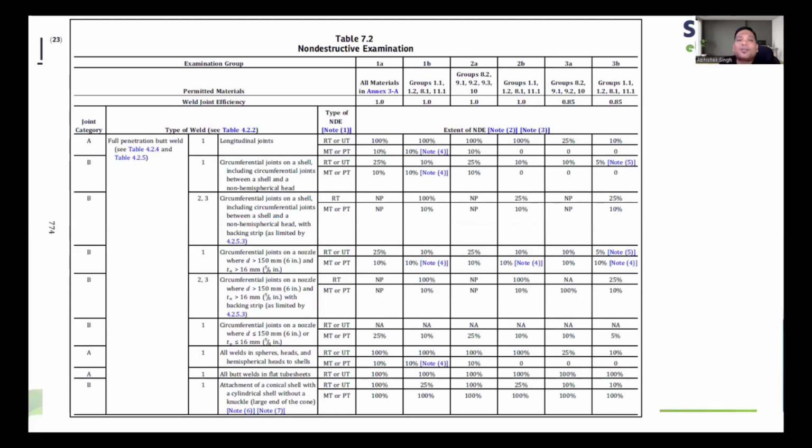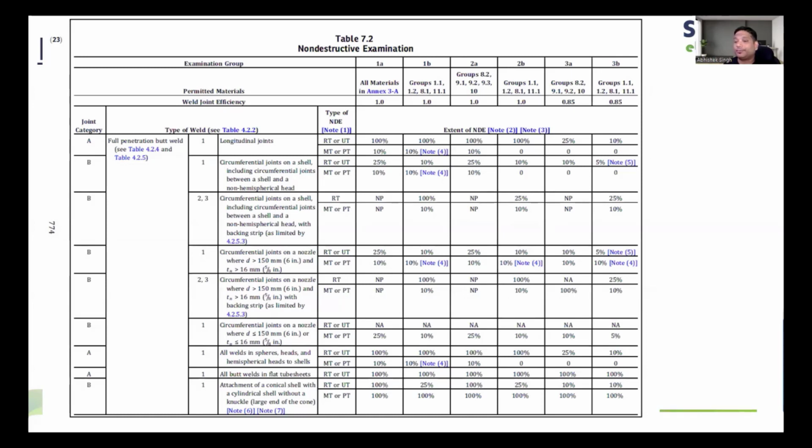For all the welds, you had to have 100% radiography. So you could not have a nozzle without a stub; you needed a nozzle with extension, with a lip, so that you can weld it. That was the starting point, but later on they started reducing it.